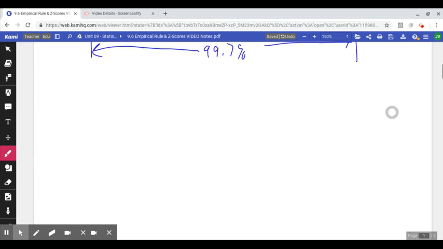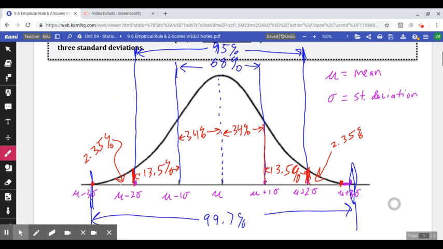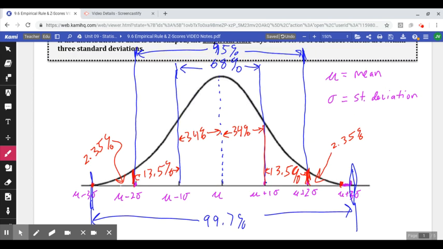If we look at our normal model, what we'll do is add up everything from the mean to 3 standard deviations to the right. That would be 34 plus 13 plus 2.35. Or if you prefer, you could take 99.7 and divide that by 2, and we should wind up with the same thing.